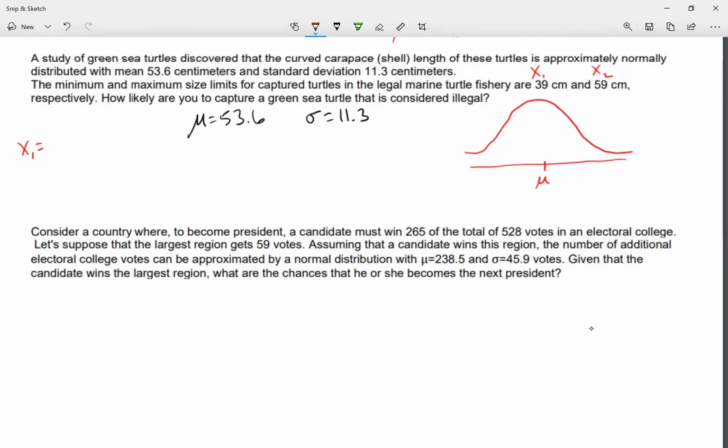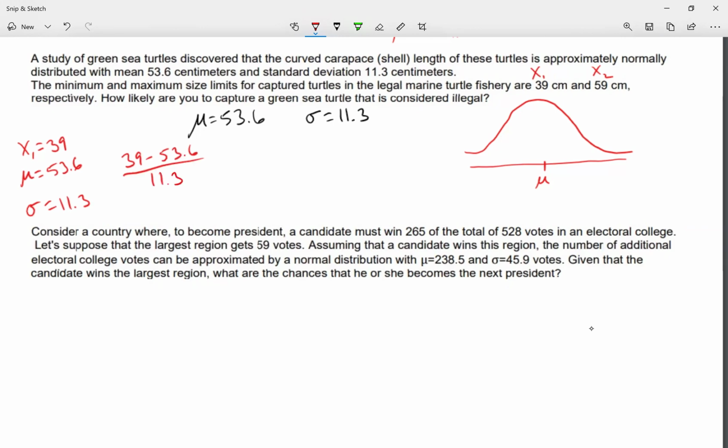My first X is 39, the mu is 53.6, and the sigma is 11.3. So to find my z-score, I go 39 minus 53.6, divided by 11.3. I'm going to round it to 2 decimal places. Z-scores, we always simplify to 2 decimal places.